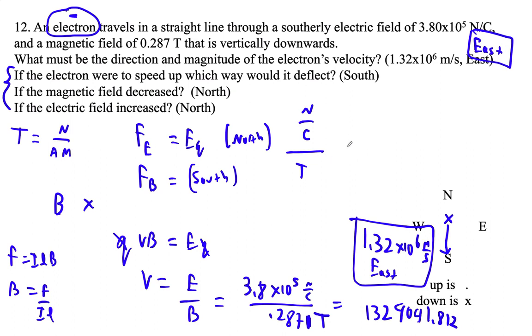So that is a newton per coulomb multiplied by amp meters over newtons. The newtons go away. And now an amp is the same as a coulomb per second, so we've got coulombs per second times meters divided by coulombs. We end up with meters per second. All right, there you go.